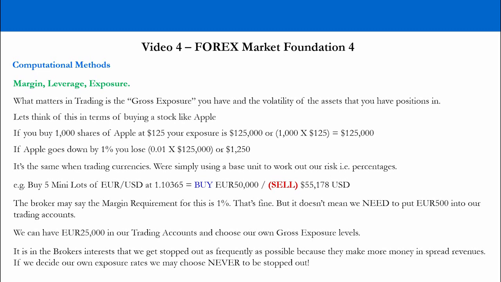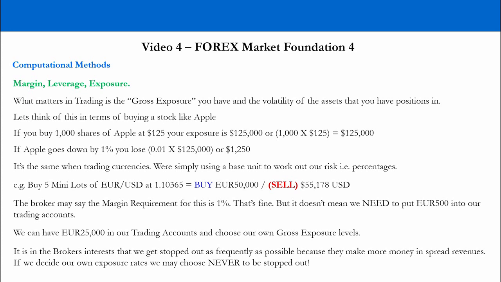So if you decide to put 25,000 in your account and decide that your position size is going to be 50,000 in euro currency pairs, so 50,000 in the base currency, then it means you've chosen your own leverage. You've decided that you're going to be 2 times exposed, so 50% margin requirement.